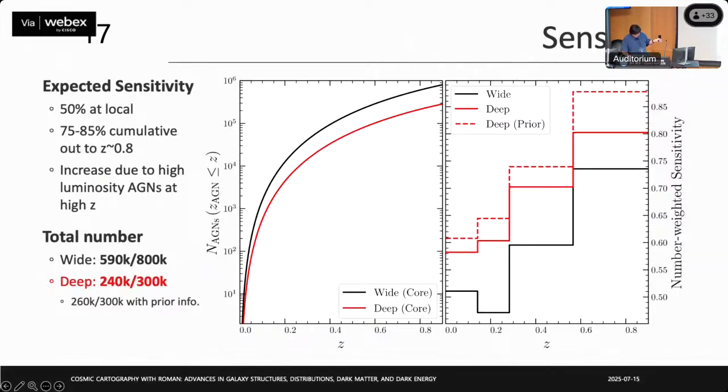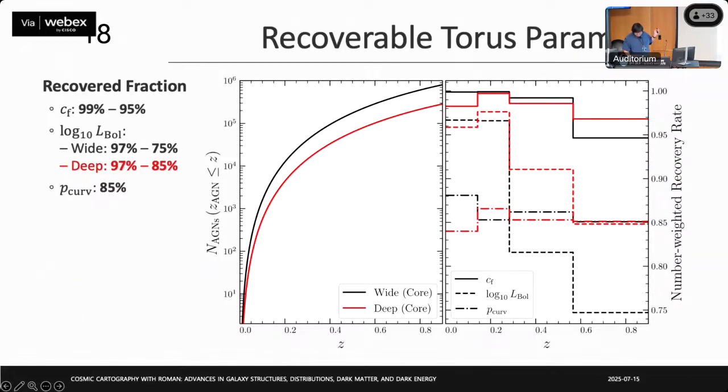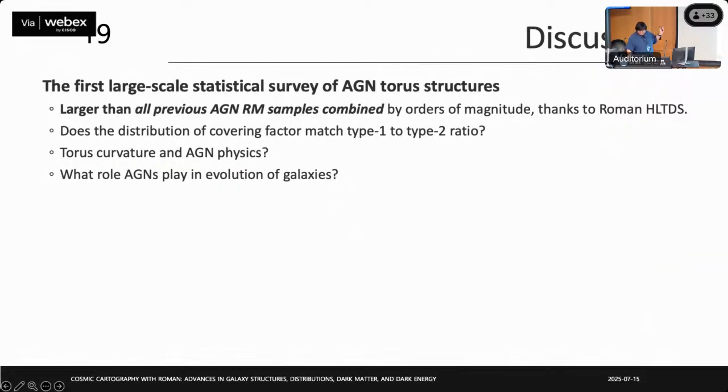This number is unprecedented. We also see similar numbers in the parameter recovery, but I won't go into the details. So this is the largest sample of AGN reverberation mapping ever carried out, outnumbering all of the previous reverberation mapping samples combined, regardless of the bands, and by orders of magnitude.